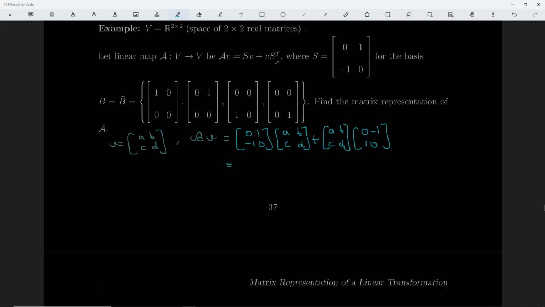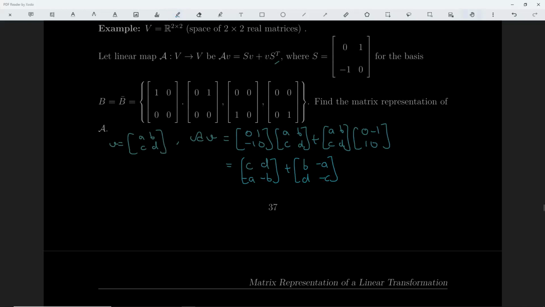And that will be equal to what? The first term is C and D on the first row, and minus A and minus B on the second. And the second term is B and minus A on the first row, and D and minus C on the second, right?